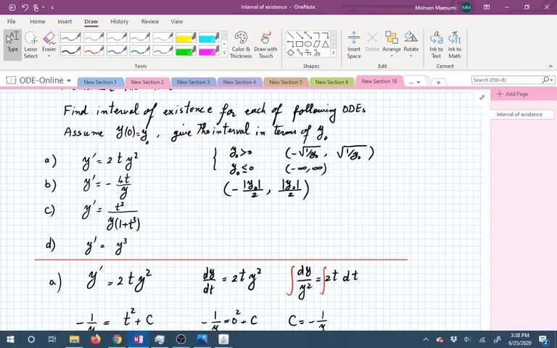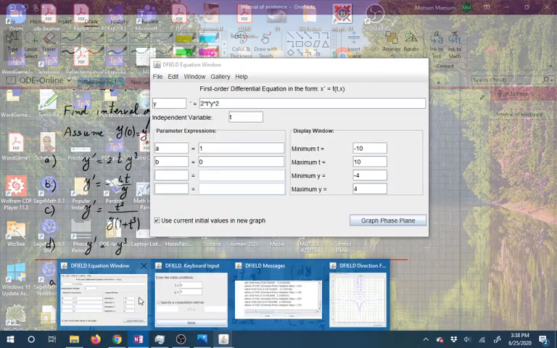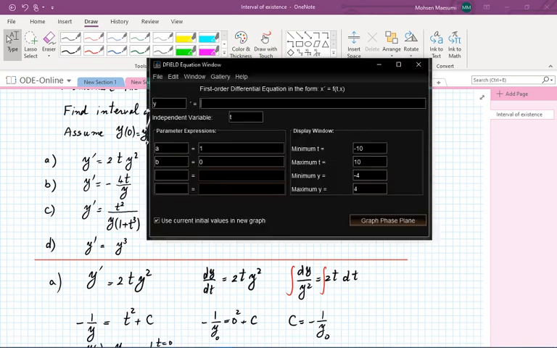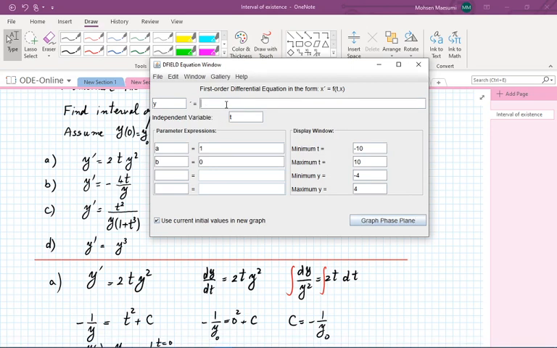So let's go ahead and see this on our favorite software. Here we have, what did we have? Minus 4t over y, is that right? And then let's ask for the graph.